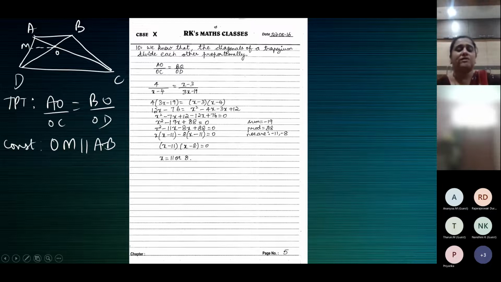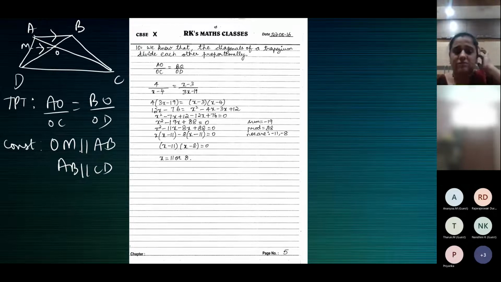But AB is parallel to CD because it's a trapezium. So OM is parallel to AB, but AB is parallel to CD, so we have OM is also parallel to CD. All the three lines are parallel to one another.